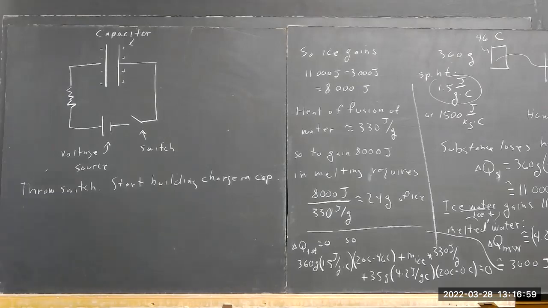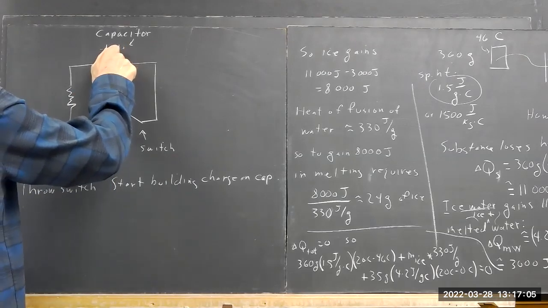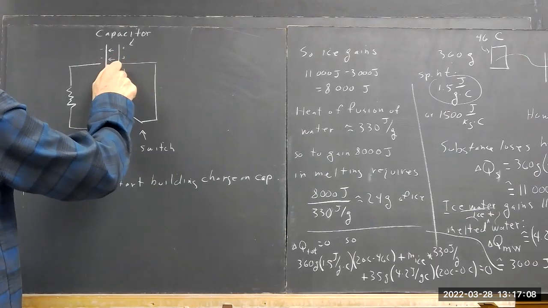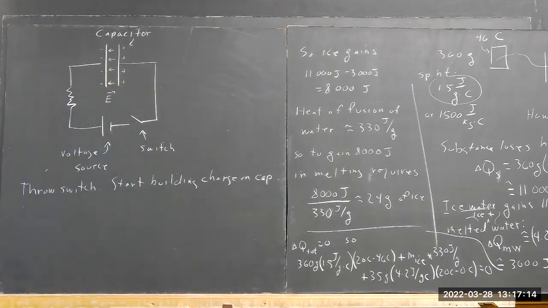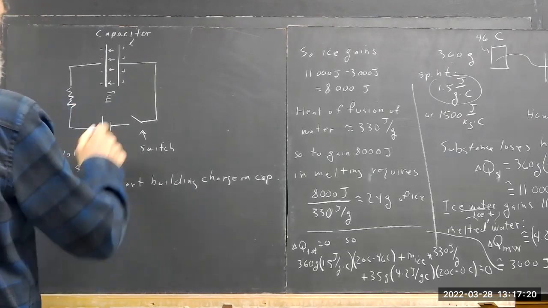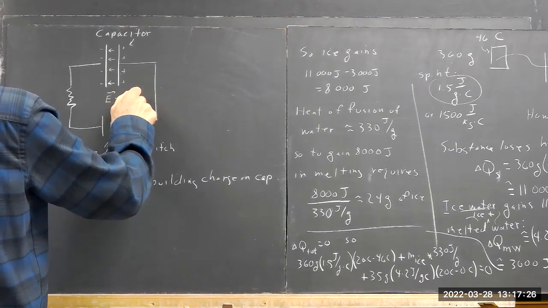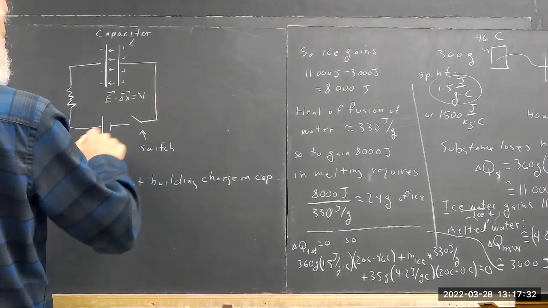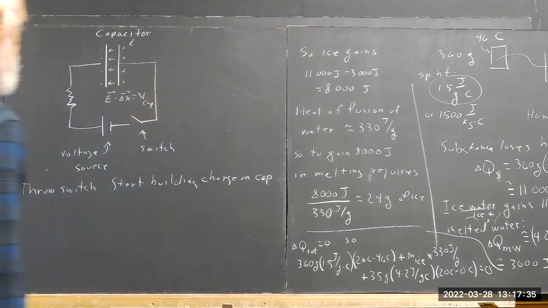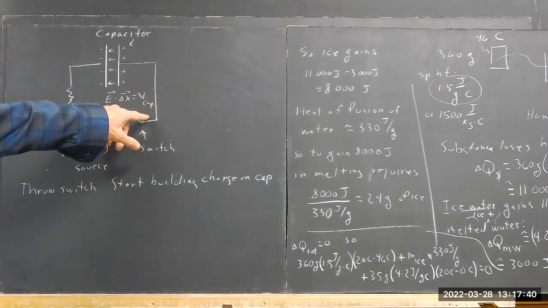Well, that induces an electric field across the capacitor, which means if you multiply that field by the distance between these plates, you get a voltage.